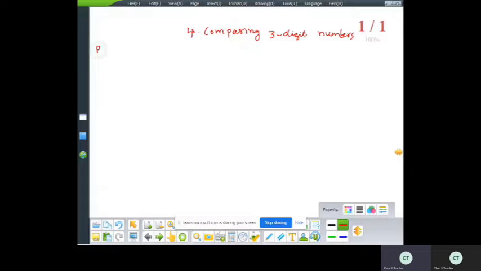Write the following sets of numbers in ascending order and descending order. See here, given one box, question number 4, page number 50. We have to arrange the numbers in ascending order and descending order.